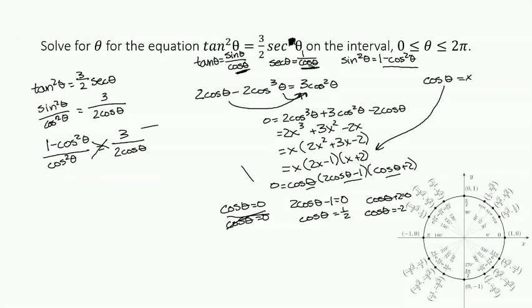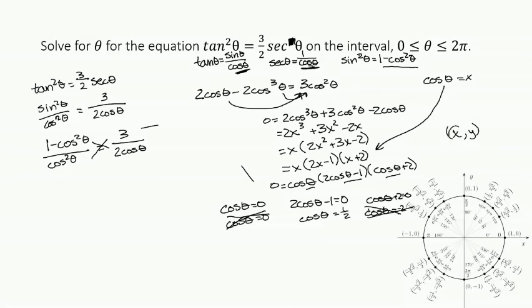And then for -2, you can have -2 on the bottom, but cosine of -2 is not a point on the unit circle, so you're not going to have that because it's going to be outside of this domain.